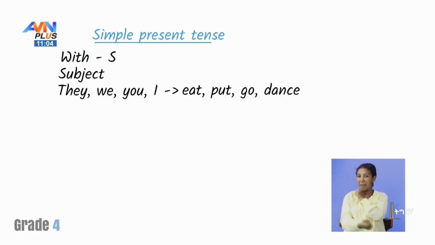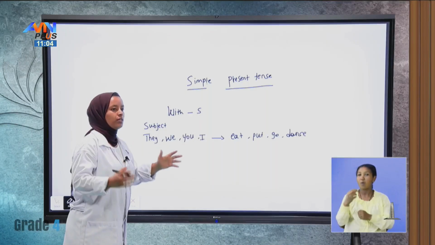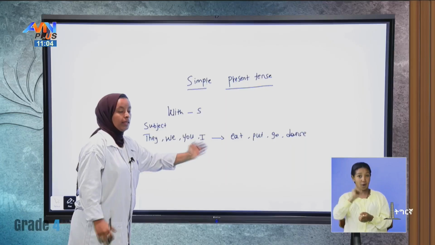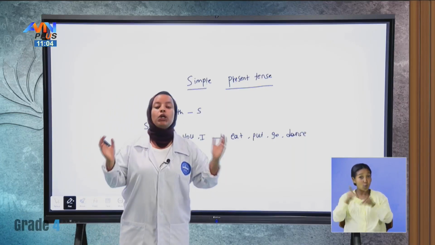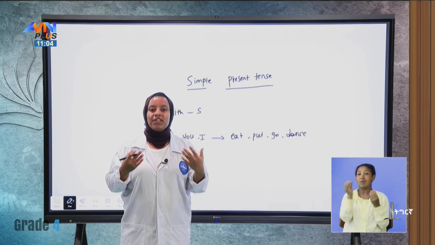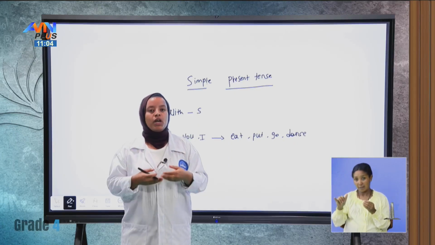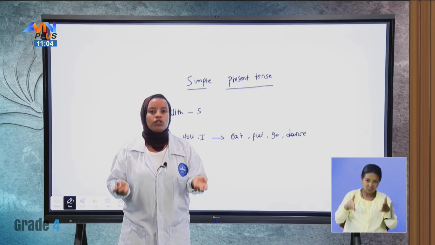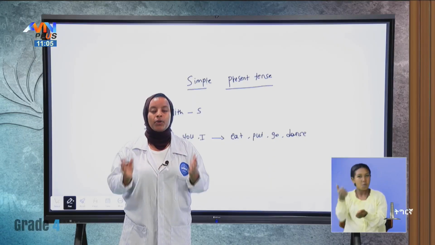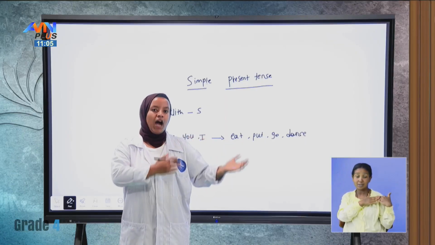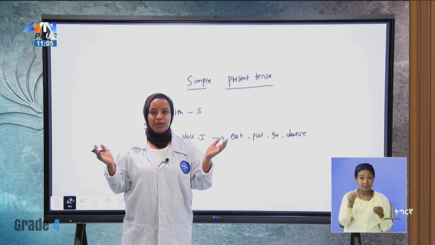So when we come to plural subjects like they, we, you, and I, students, don't forget that when we say the subject, we can also use a name, or sometimes students, teachers, doctors, whatever. When we say subject, specifically it is a noun and also a pronoun.